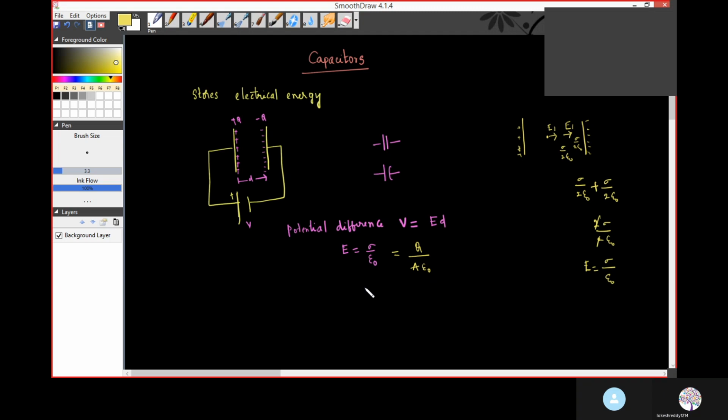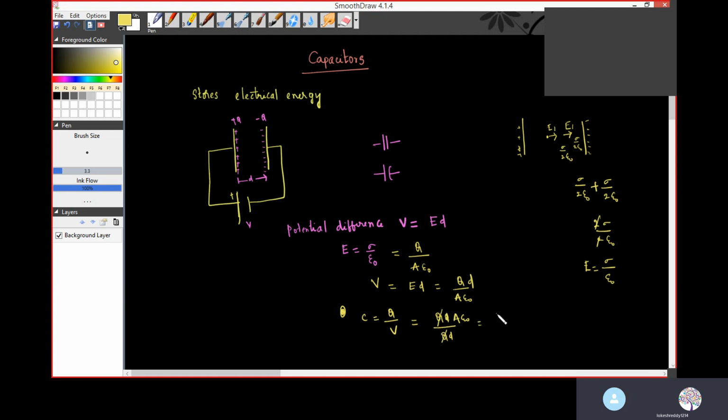Now you calculate V. V is equal to E D, that is equal to Q by A epsilon naught into D. Now C is equal to Q by V. So that is Q by Q D by A epsilon naught.